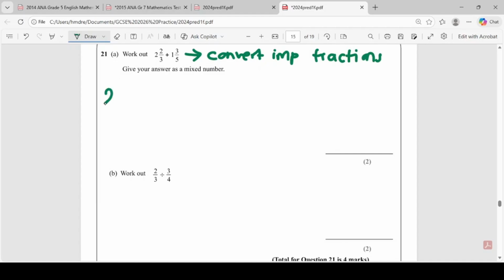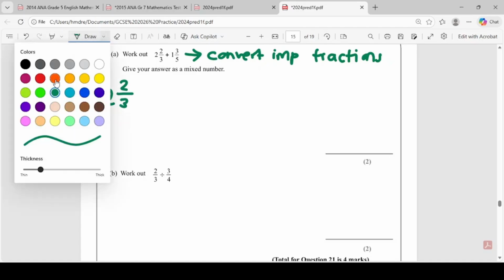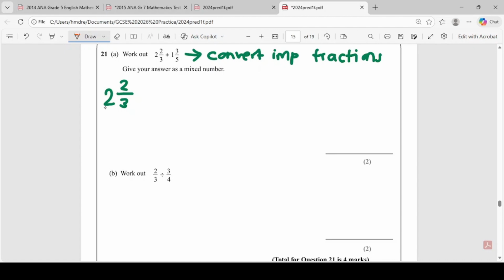So 2 2/3, how we convert to improper fractions is we always go the big number times the bottom number, and then we add the top number. So 2 times 3 is 6, add the 2 is 8, and the bottom number stays the same.